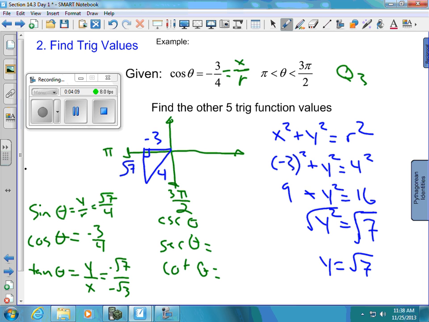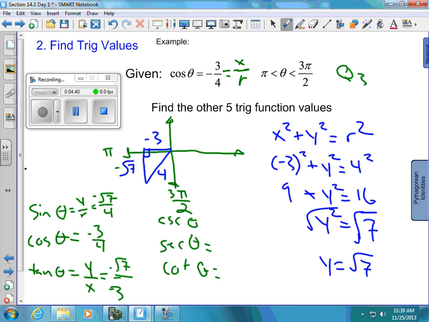Why is it negative square root of 7, by the way? I didn't label it as that up here. But it should be negative square root of 7. Why is it negative? Because we're in quadrant 3, and we're going down, so it's going to be negative. And we know that sine is negative in that quadrant, so the square root of 7 has to be negative because we're in quadrant 3.